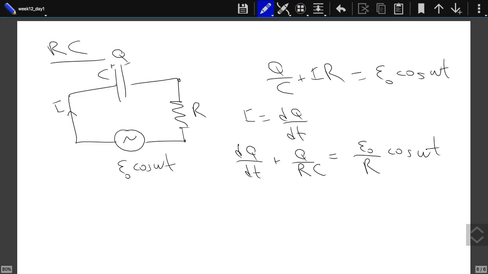Now, since we are pushing this circuit with a frequency omega, the current will also oscillate with the same omega, or the charge will oscillate with the same omega. Let's say Q is equal to some number, A, times cosine omega t plus delta.